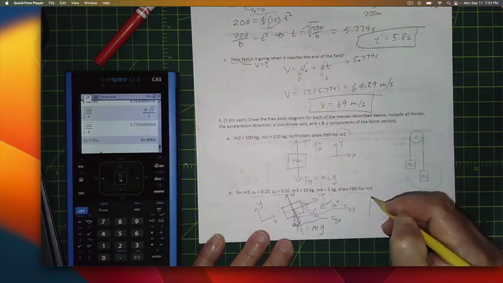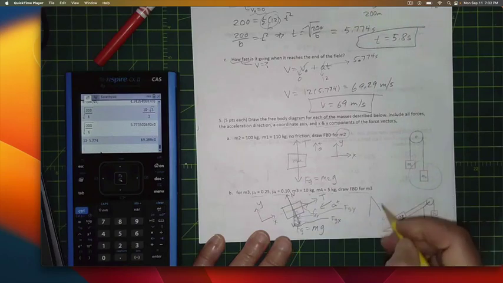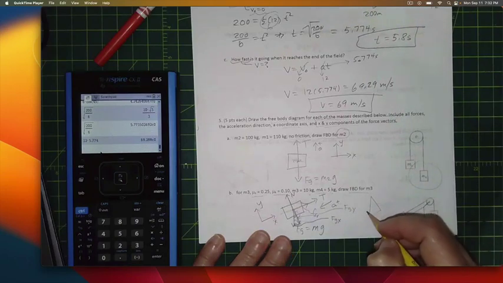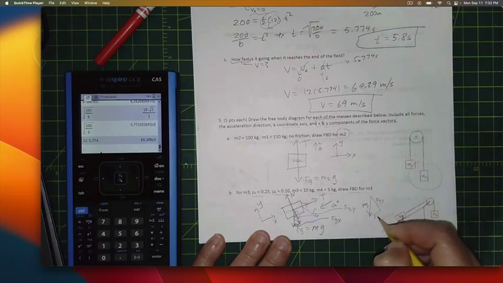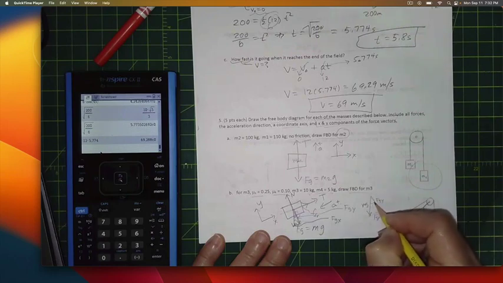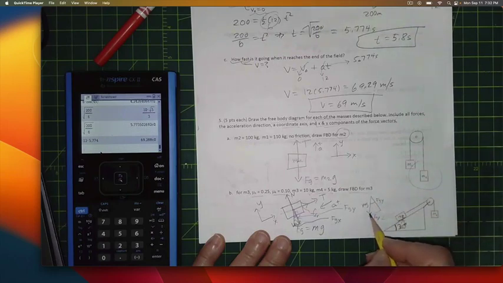We did this in class, but let's just look at it one more time. Here's our mg, here's our F sub gy, and here's our F sub gx. We're trying to prove that this angle is 30.